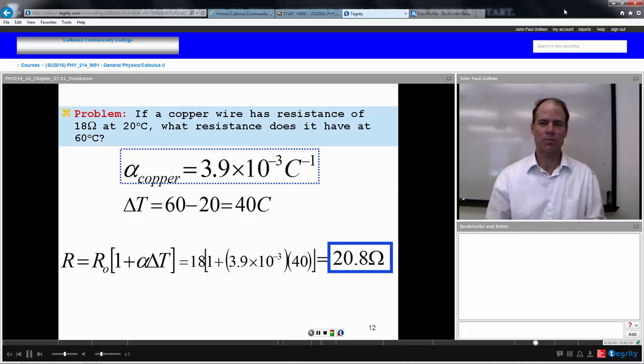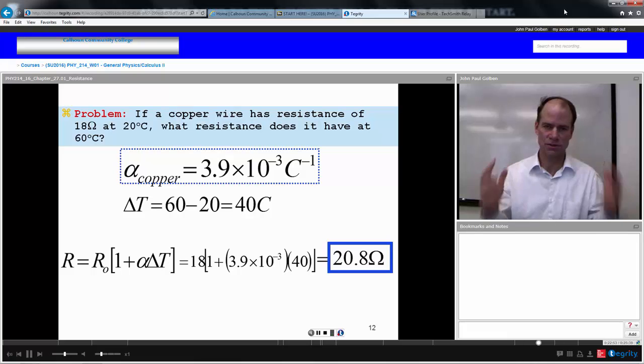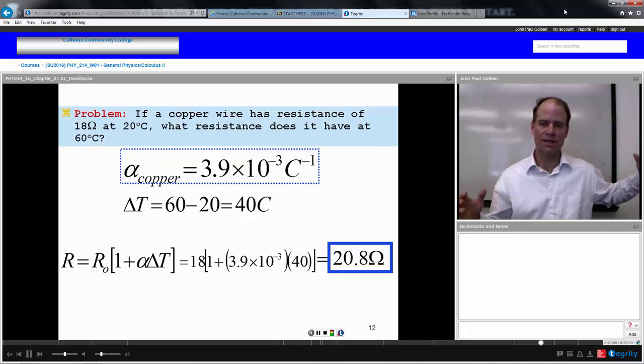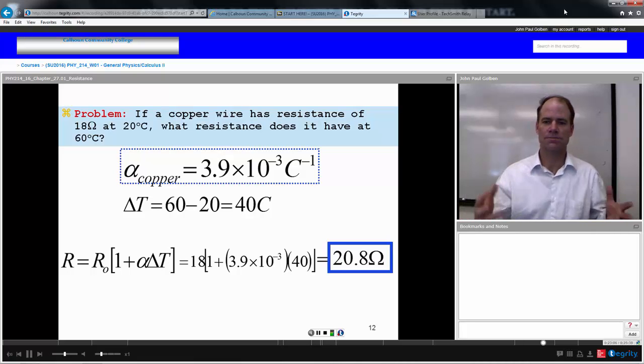This could be a problem if you actually had circuits with elements and resistances designed to be fine-tuned to do something, like in a computer, and if the temperature were to go up dramatically, then all your components are going to start changing the way they work, and it could affect the performance of your device.